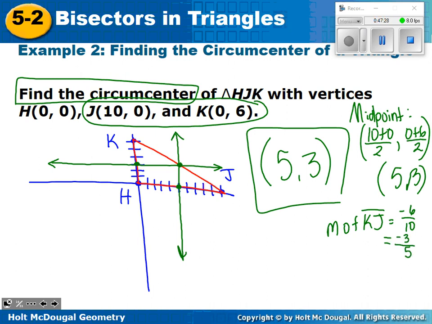Negative 3 over 5. So we want the perpendicular slope. So what's the opposite reciprocal? Positive 5 over 3. So then what we would do from this point is go either up 5, right 3, or down 5, left 3 to graph that line.